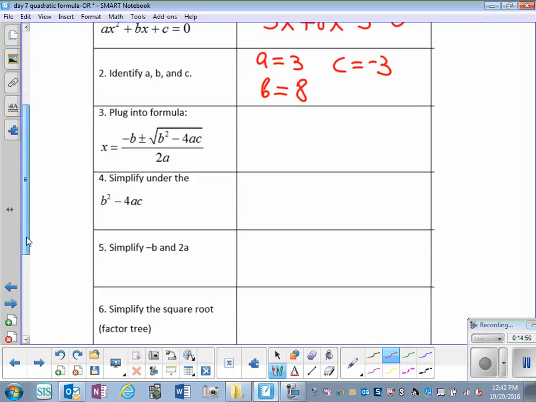Okay, so let's plug into the formula. Here's our formula. So x equals minus b plus minus square root of b squared minus 4ac, where a is 3 and c is negative 3.